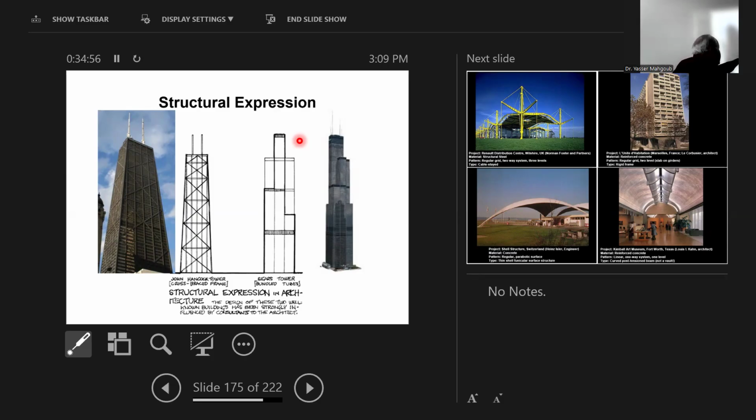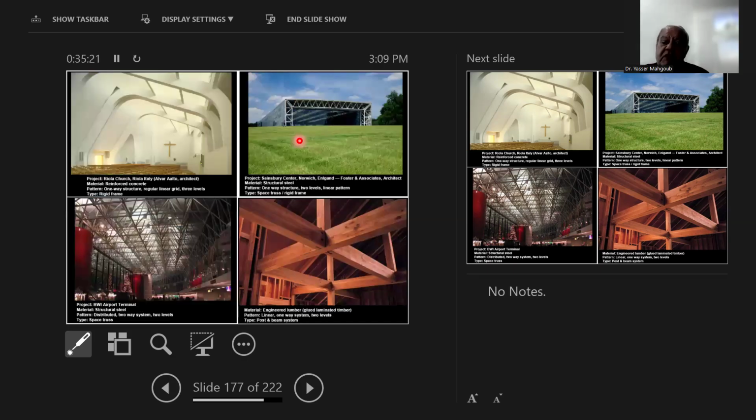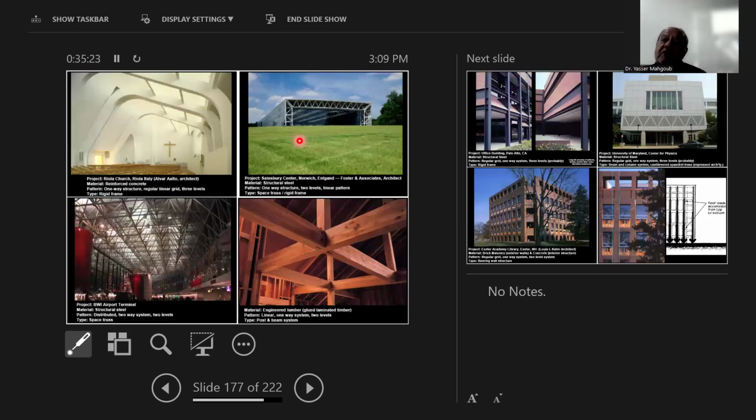This tower depends very much on these braces to hold the building together. So for any building you look at, from outside or inside, there is a structural system employed. And the success of the building is that it makes the structural system a positive addition to the project.